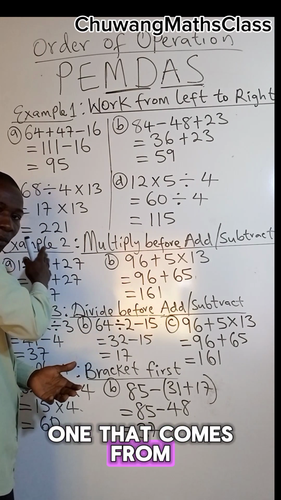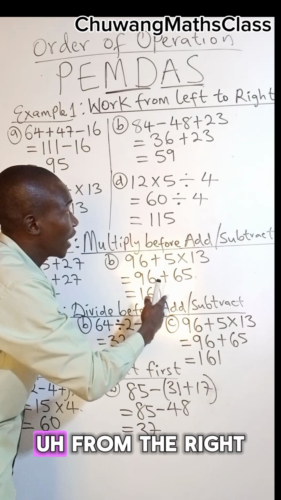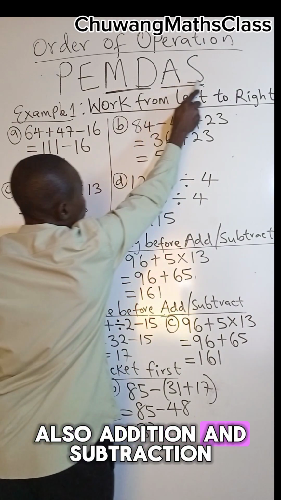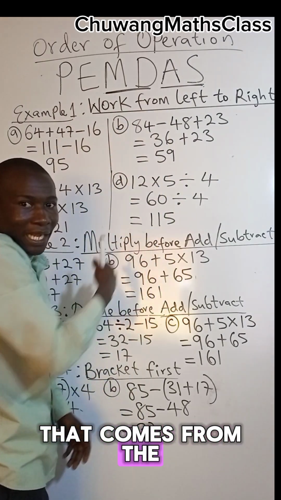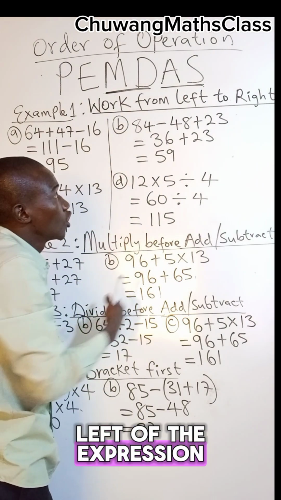You do the one that comes from the left before you handle the one from the right. Also for addition and subtraction, you choose the one that comes from the left of the expression to the right.